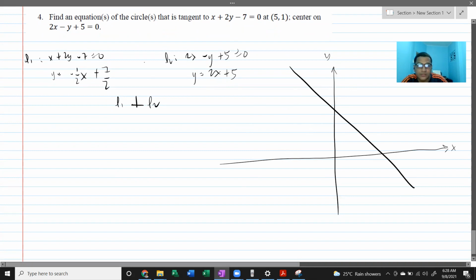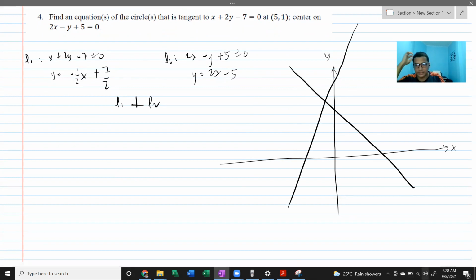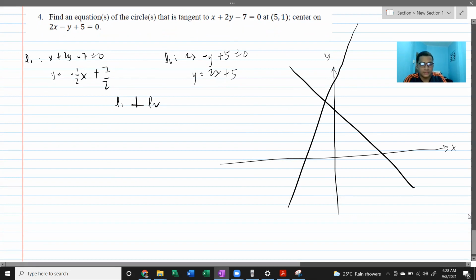So sa taas siya kasi ito is 3.5, ito 5. So nandito to. Sabihin natin ito. Yan. So ito na yung line natin. Ibahin natin yung kulay para maganda. Yan. So ito yung line 2.